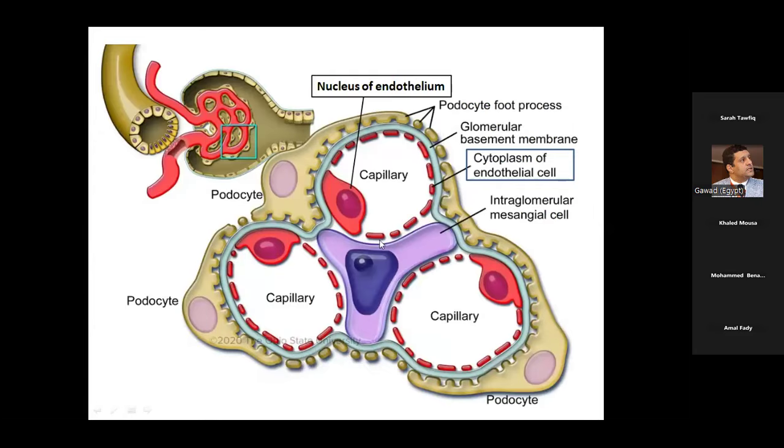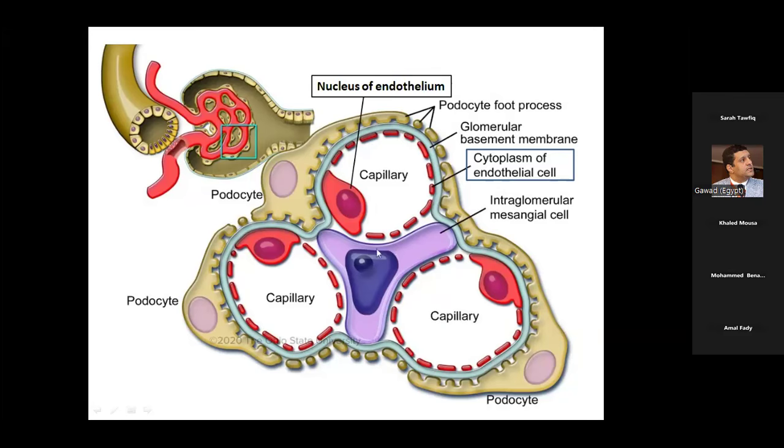This diagram will show us in a diagrammatic way the nucleus of the endothelium and its fenestrated cytoplasm that lines the glomerular basement membrane from inside the capillary lumen. The glomerular basement membrane and the podocytes are outside in the urinary space.